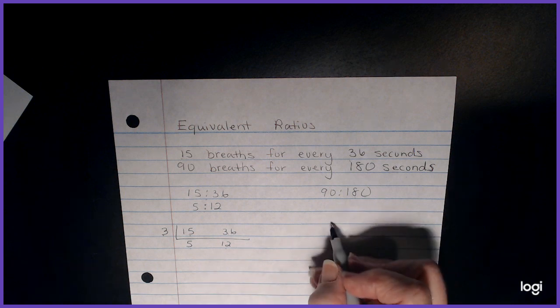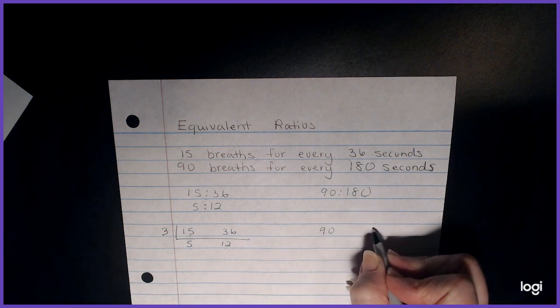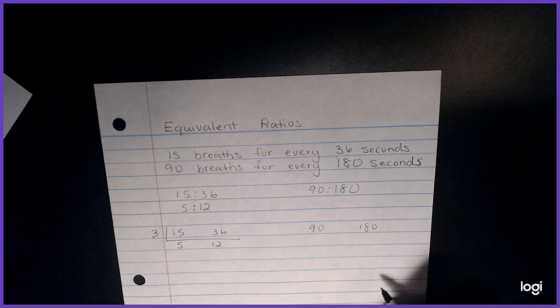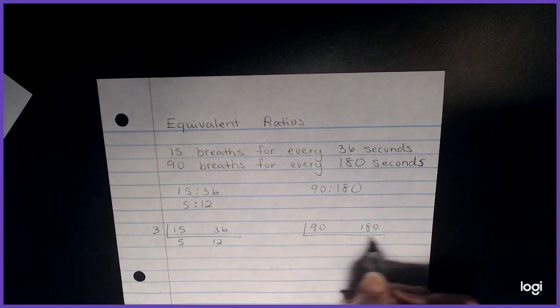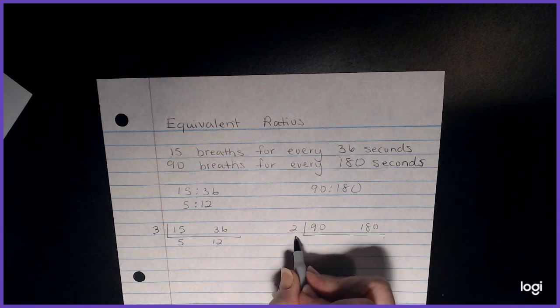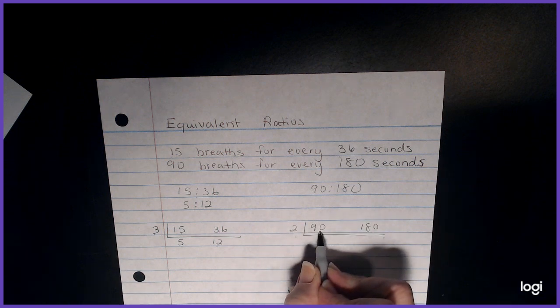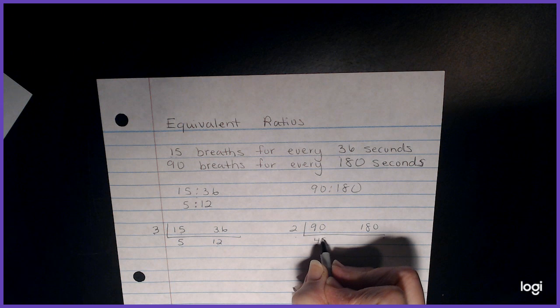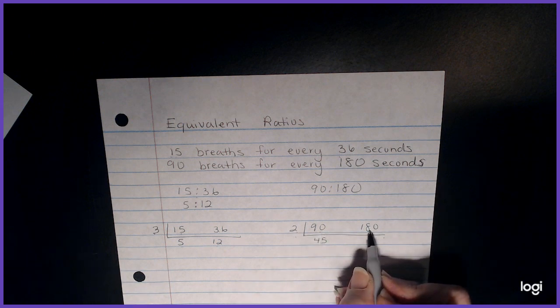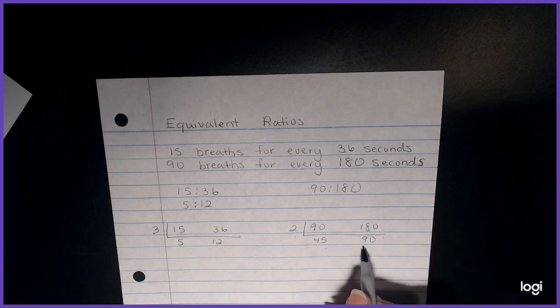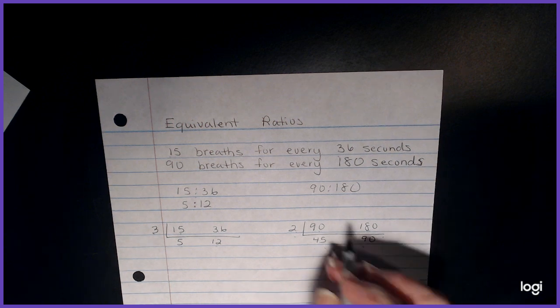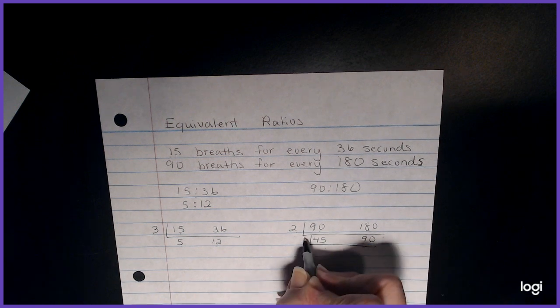All right, let's look at 90 and 180. Well, we can look at a lot of numbers that go into this. I know for sure that they're both even. So if I divide them both by 2, if I cut 90 in half, that's 45. And if I cut 180 in half, that would be 90. If I notice here, they actually can both be divided by the number 9.